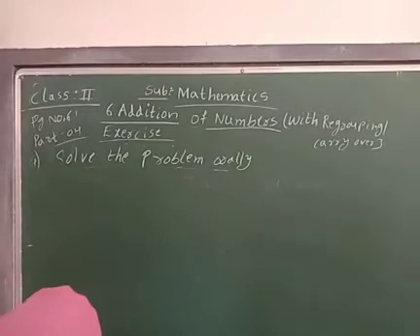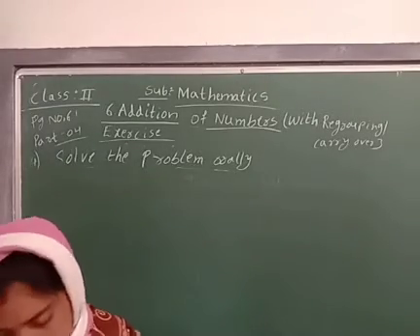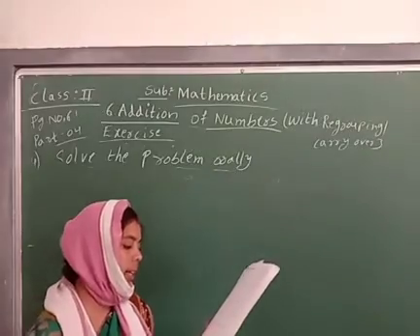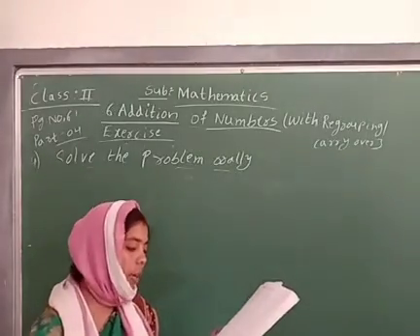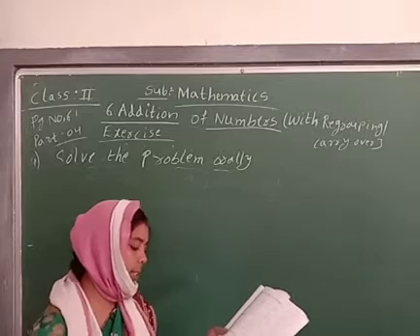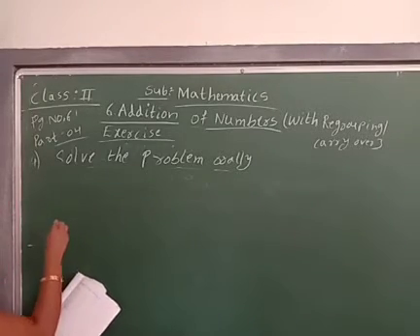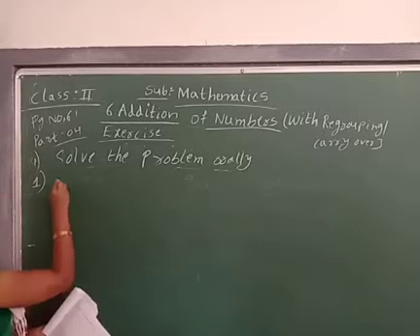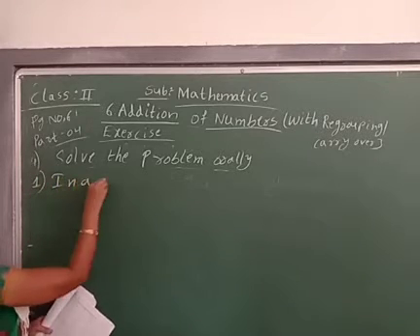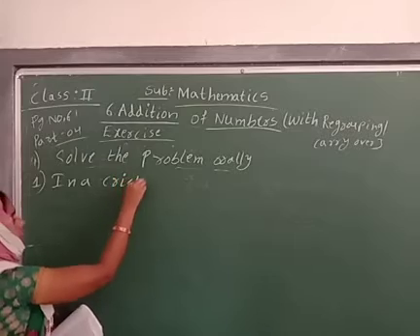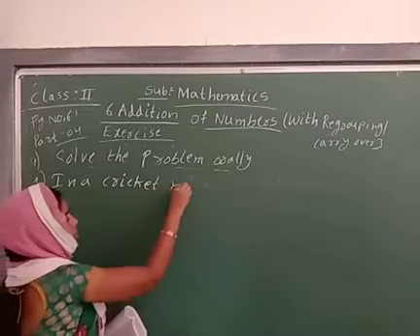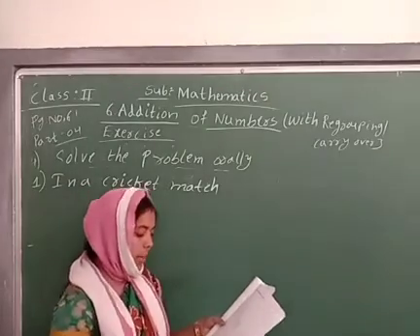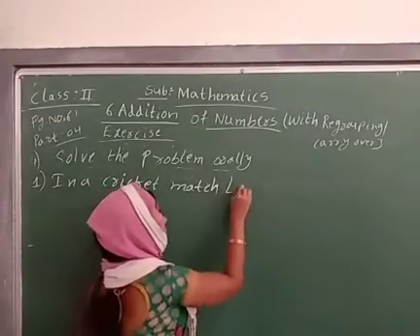Next question. In a cricket match, Lakshman made 47 runs and Dravid made 26 runs. How many runs did they make together? In a cricket match, Lakshman made 47 runs.